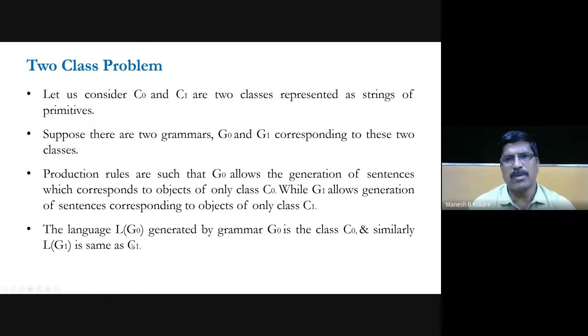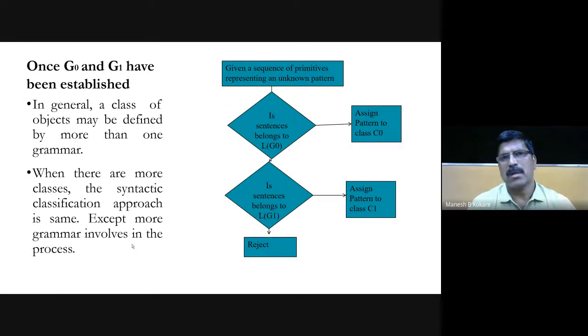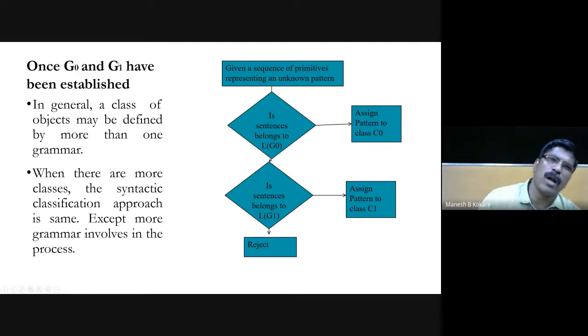Once G0 and G1, the grammars of class C0 and class C1, have been established, in general a class of objects may be defined by more than one grammar. When there are more classes, the syntactic classification approach is the same, except more grammars are involved in the process.